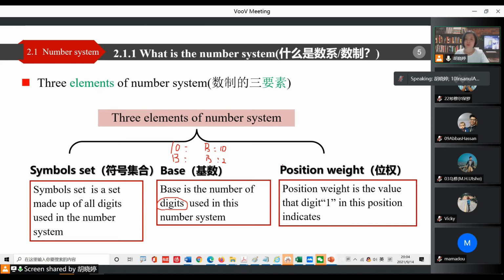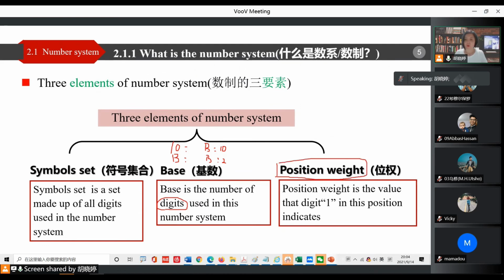Okay. So in order to know what number will be represented using a combination of digits, you need to know the position weight.